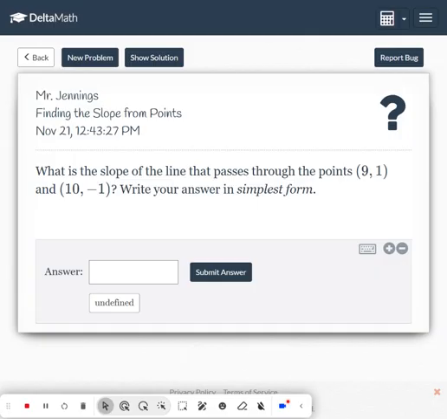But we can also do these with our formula. So we have change in y divided by change in x is equal to y1 minus y2 divided by x1 minus x2. Y1 is 1, and minus y2, which is minus 1, divided by 9 minus 10.